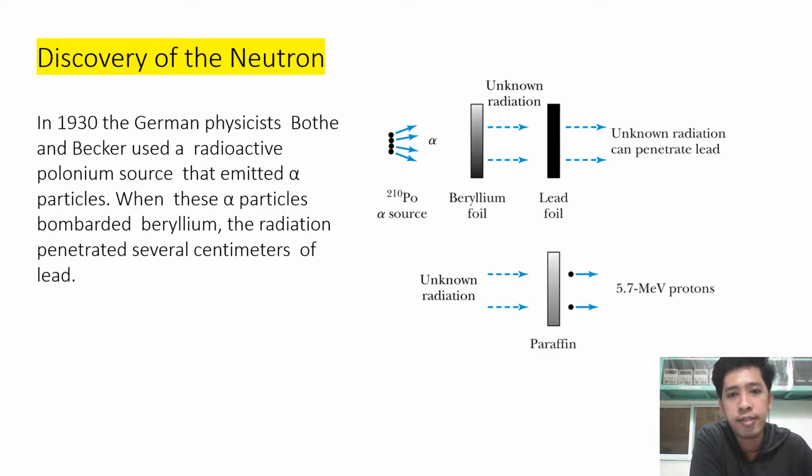During this time, they did some experiments with your polonium-210 alpha source, a radioactive material, and when these alpha particles bombarded your beryllium foil, there is this unknown radiation that is emitted, and when this unknown radiation is again incident on a lead foil, there's an unknown radiation that can penetrate the lead. And when this unknown radiation is incident with your paraffin, 5.7 mega electron volt protons were produced.